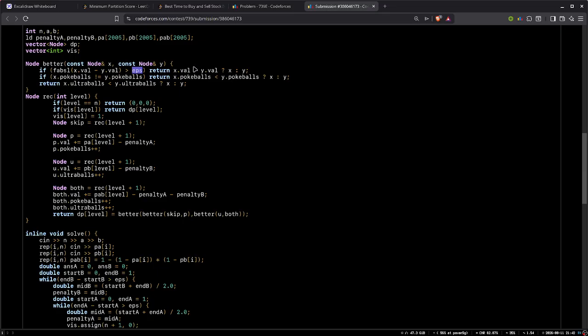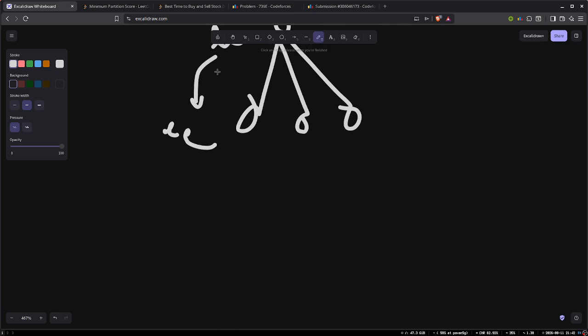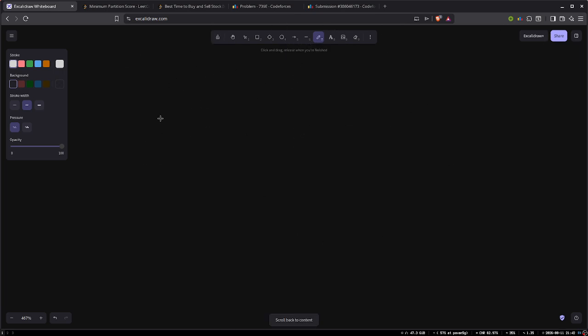And if the difference is less than some epsilon, EPS, in integers you can basically do A equal to B. But in case of doubles, you shouldn't be doing this. You should be checking for convergence.